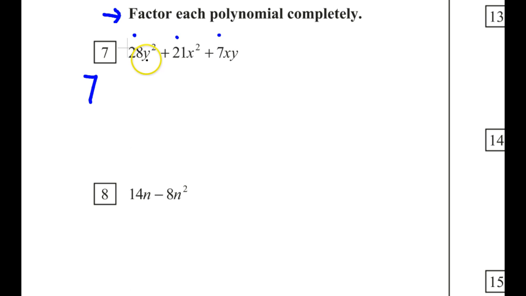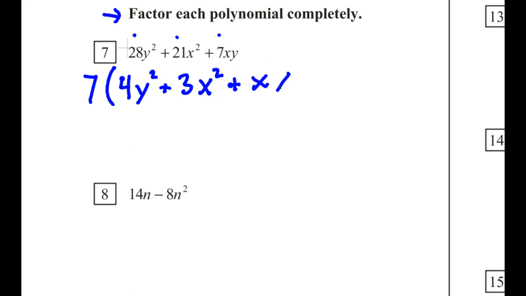Any variables in common? No, y, x, xy, nothing in common in all of them. So 7's the only thing you can take out. Work backwards or divide by 7 everywhere, and you'll get this. If we have 3 terms to start with, you'll have 3 terms in your parentheses to finish.